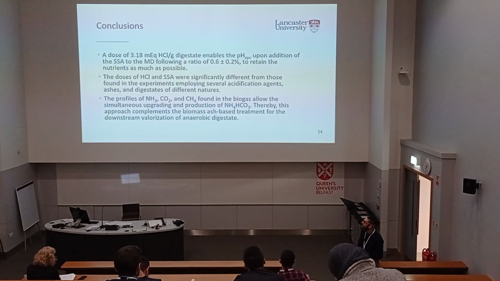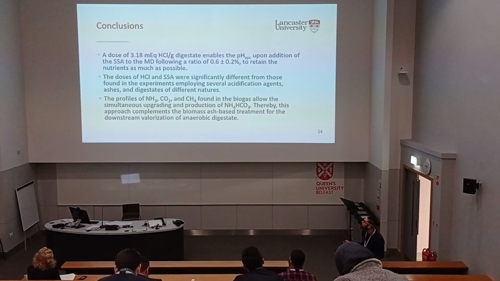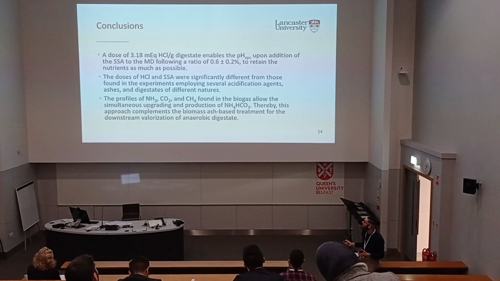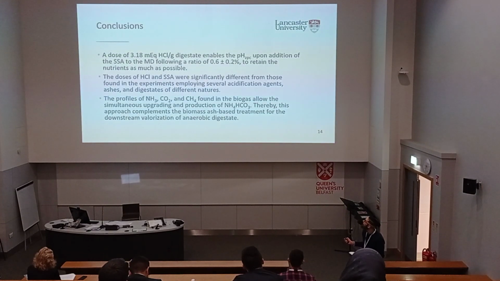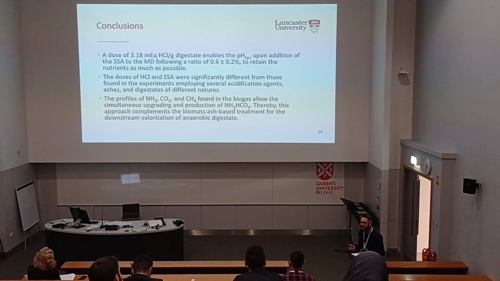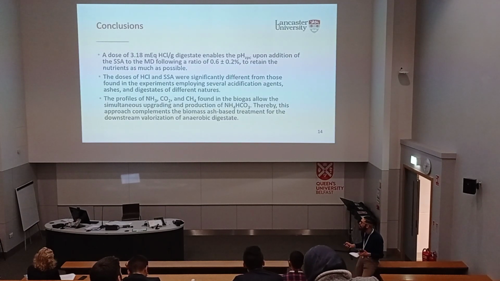So let me summarize here the key points of my presentation. We have seen that the Aspen Plus model is telling us that we have to use this dose of hydrochloric acid, in milli-equivalents per gram of digestate, to get the pH of zero charge upon addition of the wood ash. Okay, we are using this share of wood ash in the Aspen Plus simulation. Comparing to the experimental results, we see that they differ significantly.